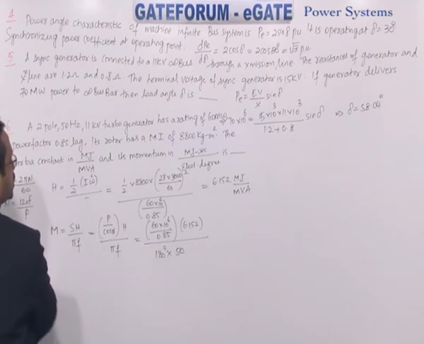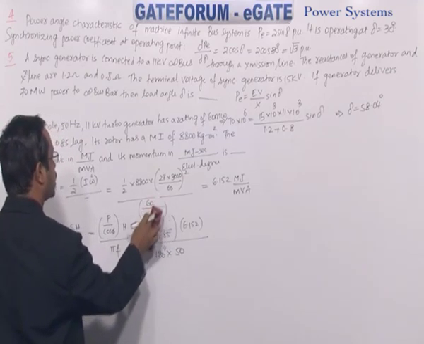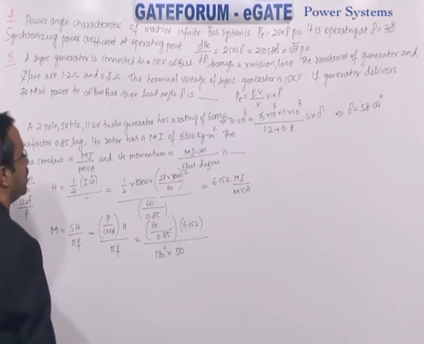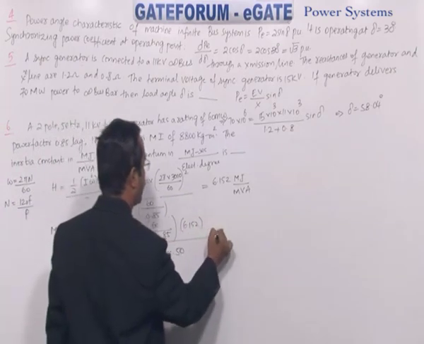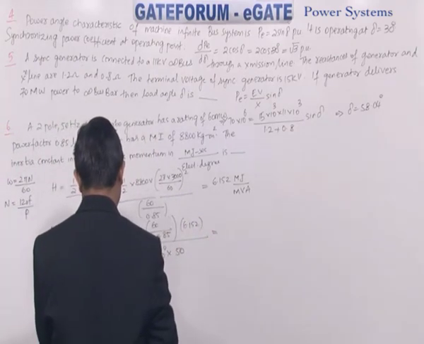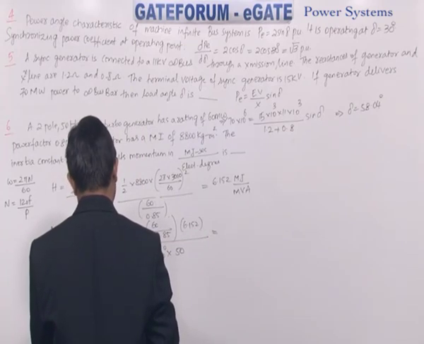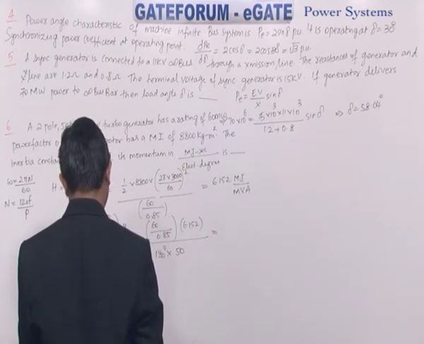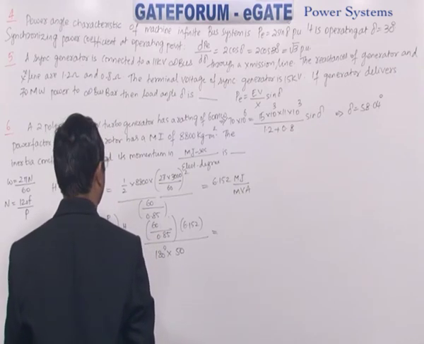You need not mention the megajoules here, megawatts here. You simplify as it is, and directly you get it in MVA. Same you represent here. So simplify this one and verify the answer here.